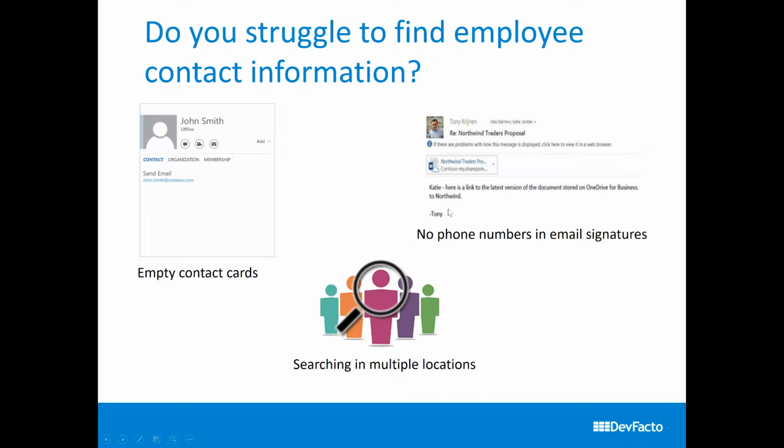But there are so many people in so many different organizations that all they do is they have a simple "Tony" as an email signature, especially when they're doing internal replies. They don't put their full email signature on that. And so a lot of organizations have ended up actually going out and implementing people search in SharePoint, or they'll have a completely different HR system in place just for looking at people's phone numbers.